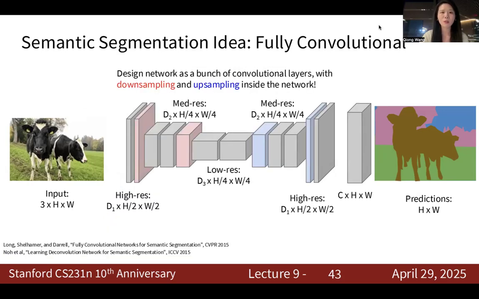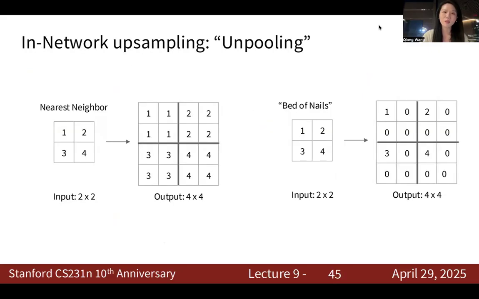So what do we do? We design the network as a bunch of convolutional layers with downsampling and upsampling inside the network. So we will downsample first and upsample then. So what is upsampling? Another word we can say for it is unpooling.